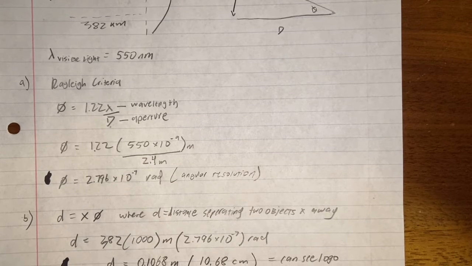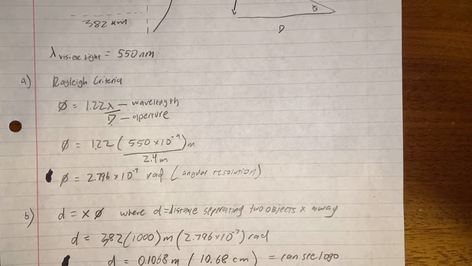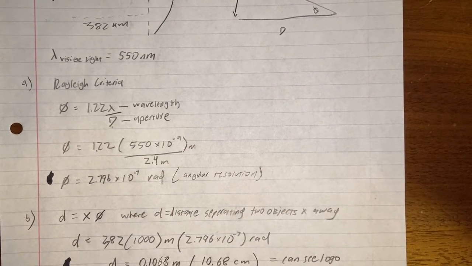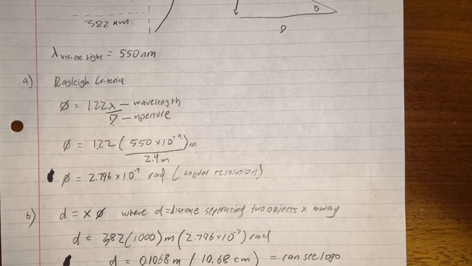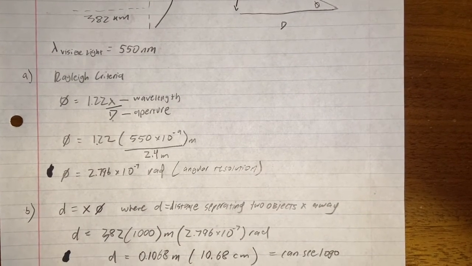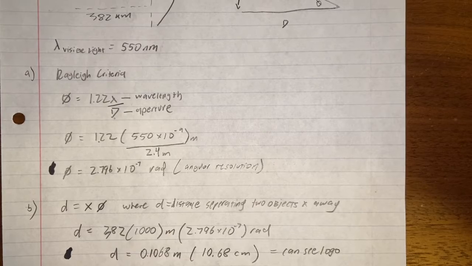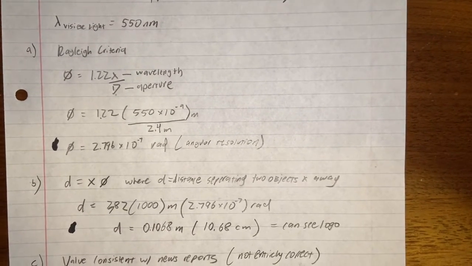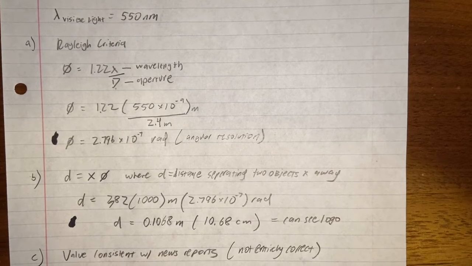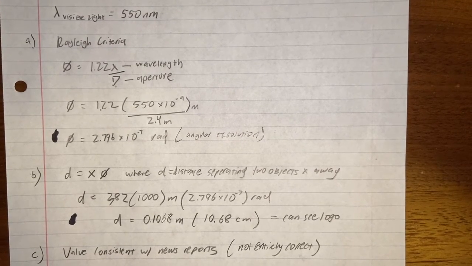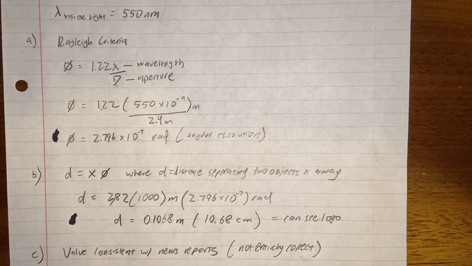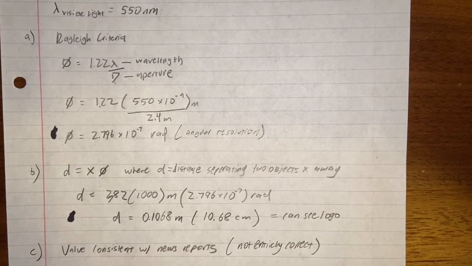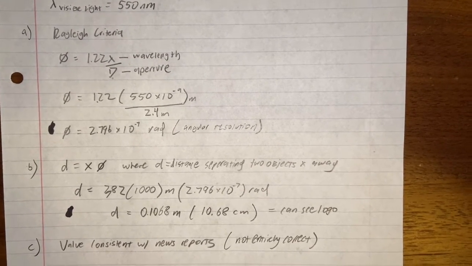We were given the wavelength in nanometers, so we convert that into meters by multiplying by a factor of 10 to the negative 9th, over the aperture of the mirror, which was 2.4 meters. After we divide to find that ratio and multiply it by the factor of 1.22, we find that the angular resolution is going to be 2.796 times 10 to the negative 9th radians.